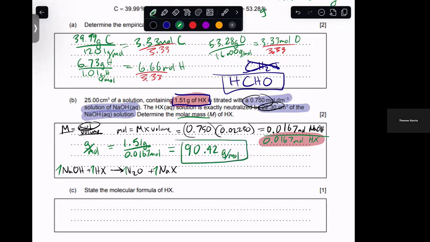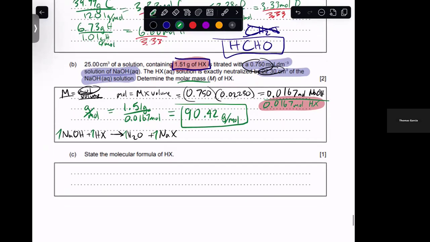Would you look at that? I have found the molar mass of HX. And if you just want to be sure, these are grams of HX and that is moles of HX, so I know that I am getting a molar mass for HX.